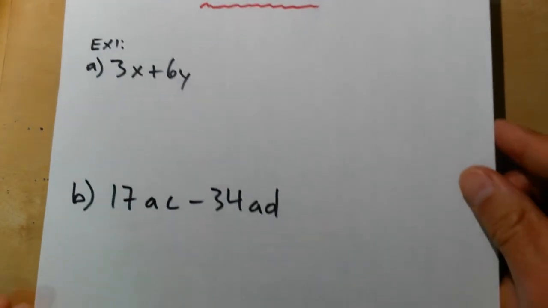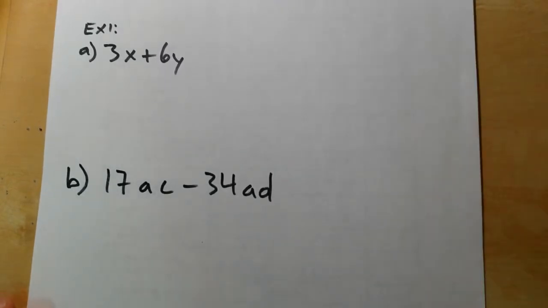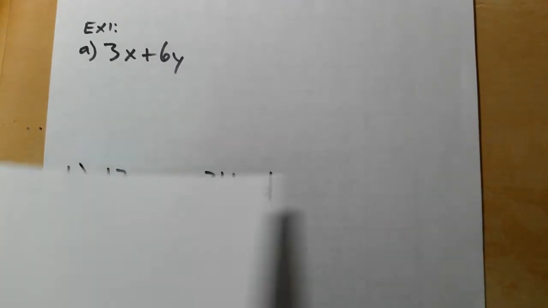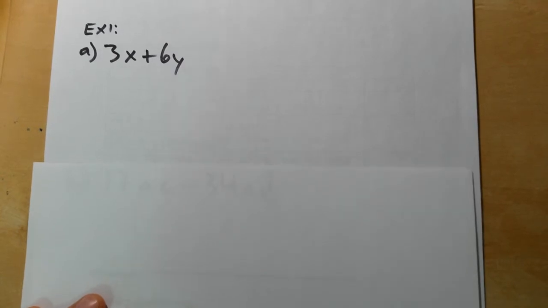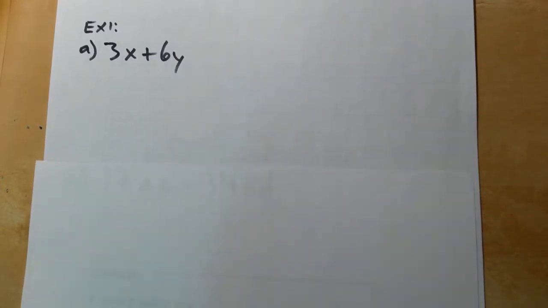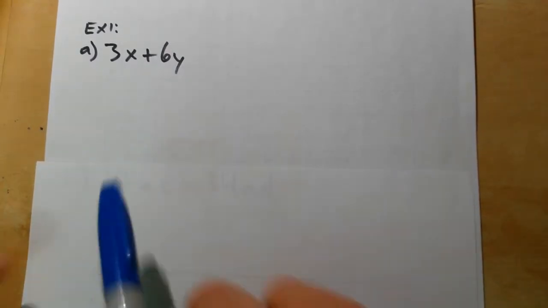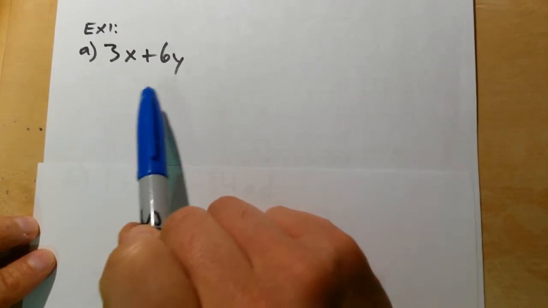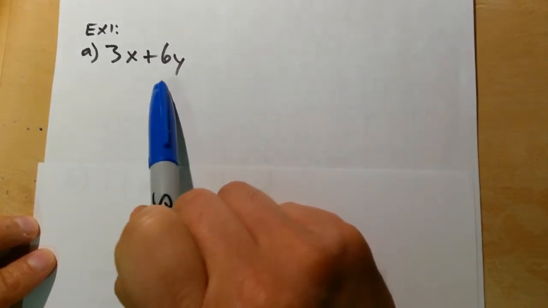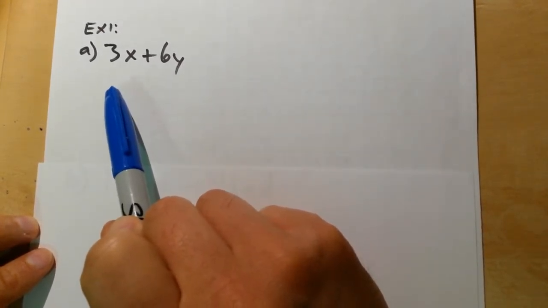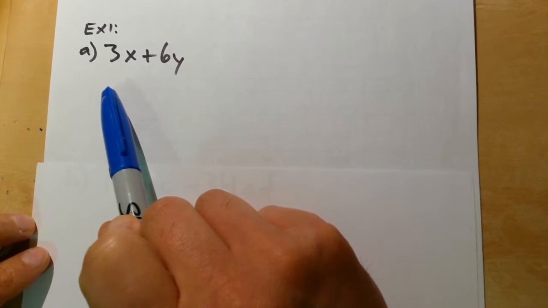So common factors, let's start looking at this first example, 3x, let's just cover this for now, 3x plus 6y. So we want to factor out the greatest common factor. Essentially what we're looking for is the largest factor that we can divide evenly into every term. Don't get confused with the lowest common factor. That's different.